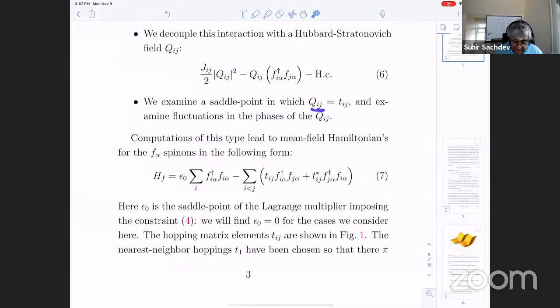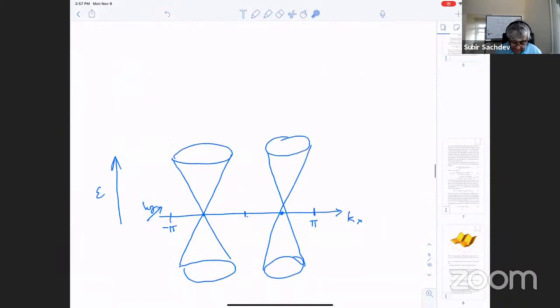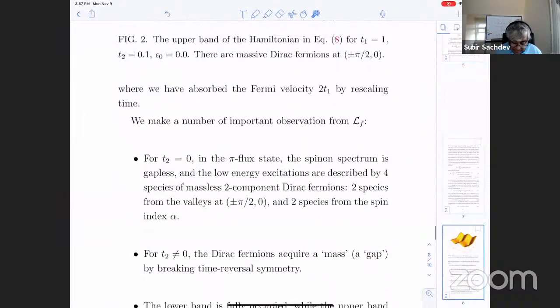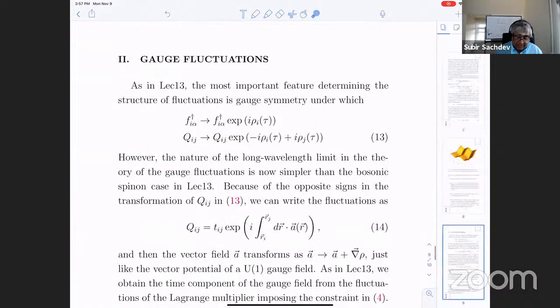So now this Q is only in the nearest neighbors. What are the fluctuations? Well, you notice here that if I do this gauge transformation of the F that I just showed in my big table, the Q transforms now with opposite signs here and there. And because they have opposite signs, life is very simple.